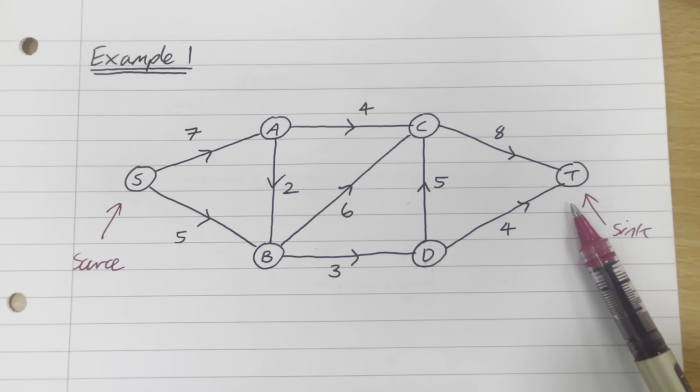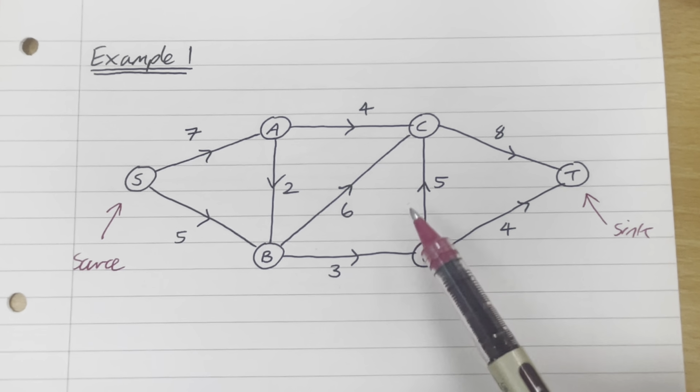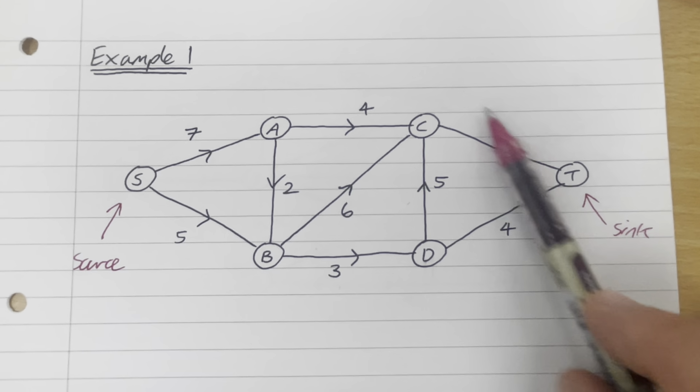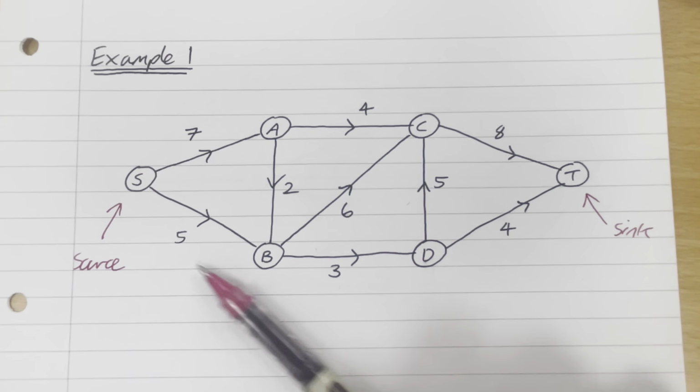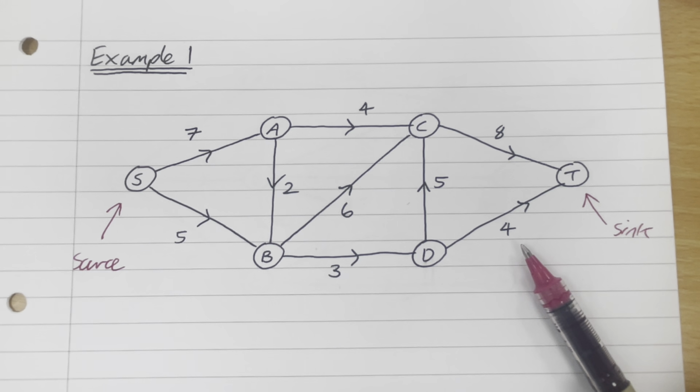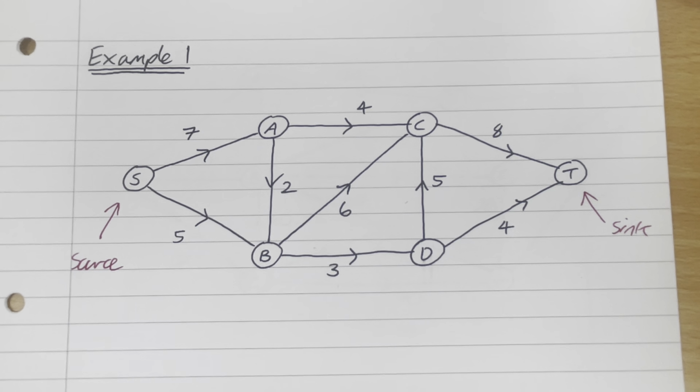Okay, so the method I'm going to apply to find what flow I can get through this network is called the augmented flow method. Now, you don't need to have a particular algorithm to solve these problems in modeling with algorithms. So if you can just spot a flow, then great.